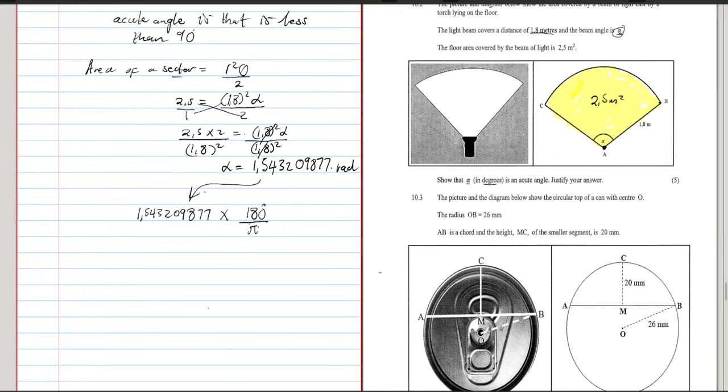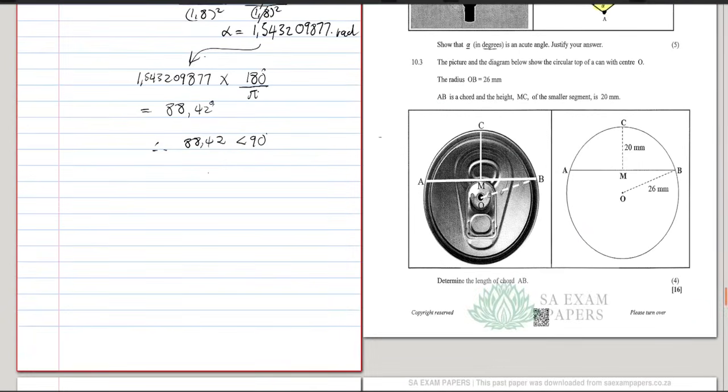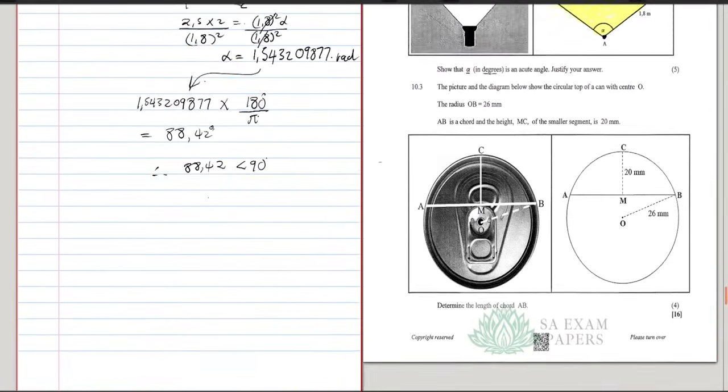So 180 over pi, and I'm getting 88.42 degrees. Therefore, 88.42 is in fact less than 90 degrees, so it is acute.